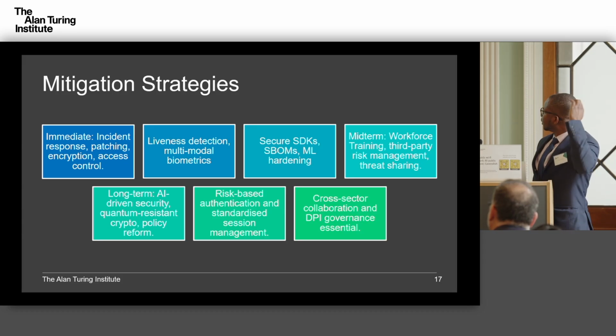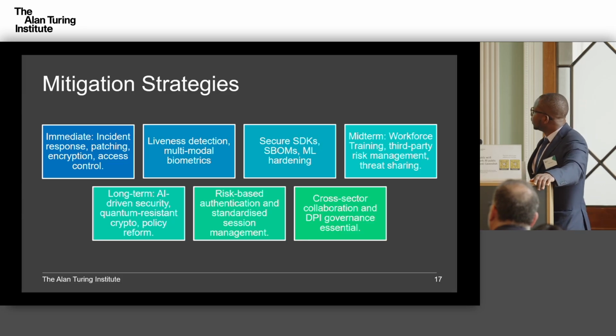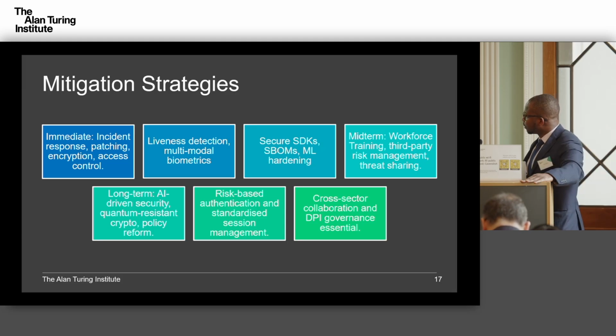So in terms of the midterm, we proposed the need for workforce training, third-party risk management, threat sharing, and the long-term has to be in a way where AI-driven security is involved in management of open source identity systems, and quantum-resistant crypto can also be used as one of the ways to enhance the robustness of the system. Then policy reforms to align with best practice and international acceptance.